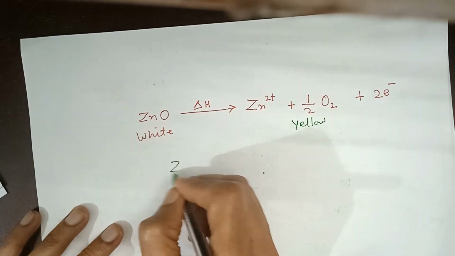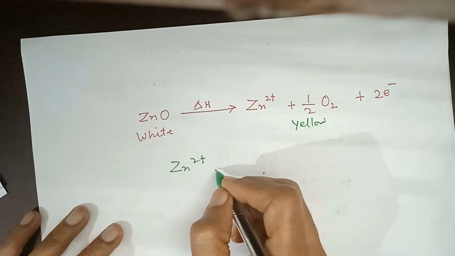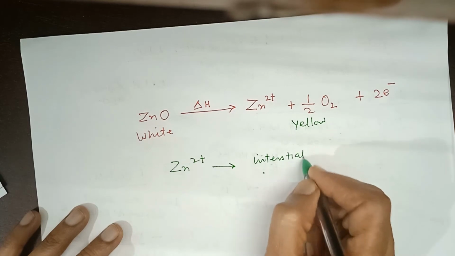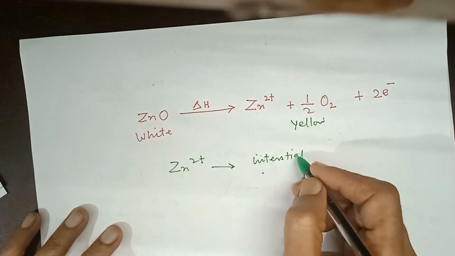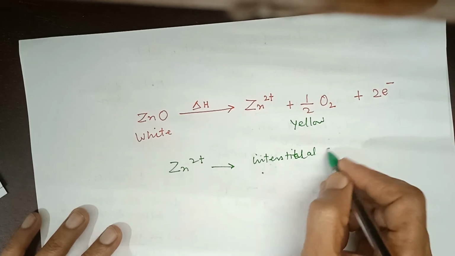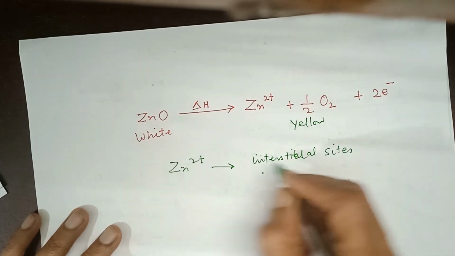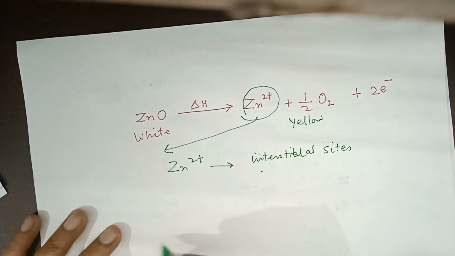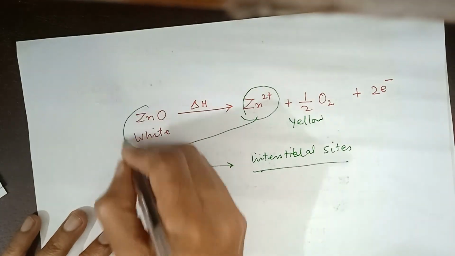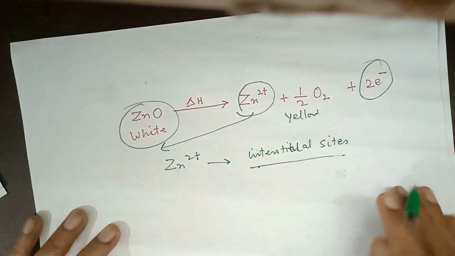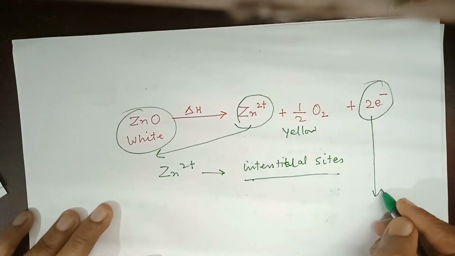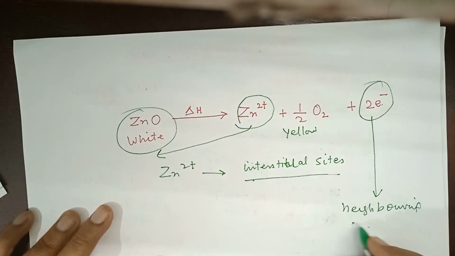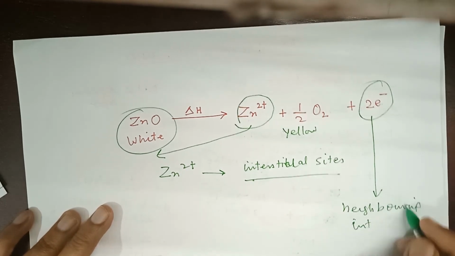Because Zn2 plus goes to interstitial sites, these Zn2 plus occupy interstitial sites of ZnO crystal, and these electrons are released and they occupy neighboring interstitial sites.